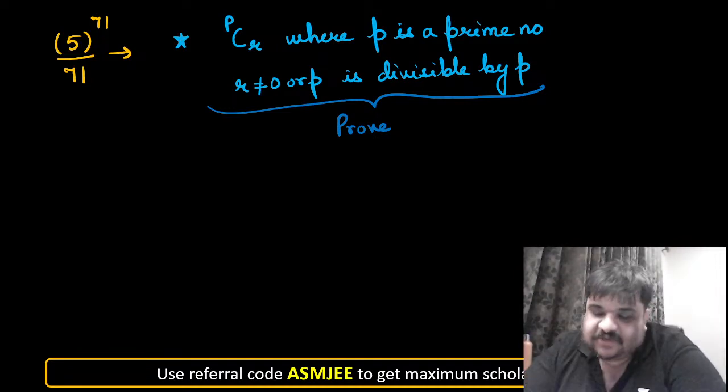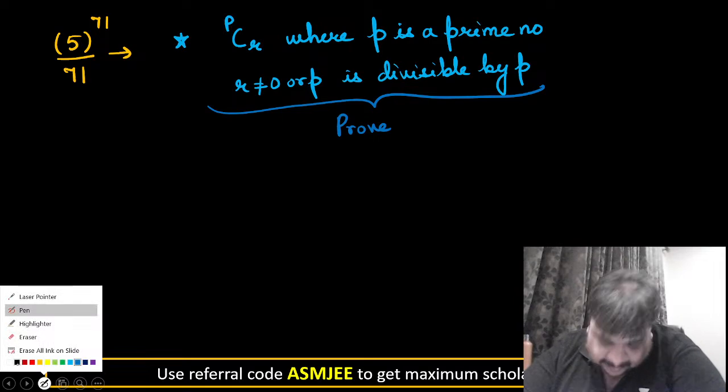Of course, when R is 0, it will become 1. When R is P, it will also become 1. Apart from that, it's always divisible by P.